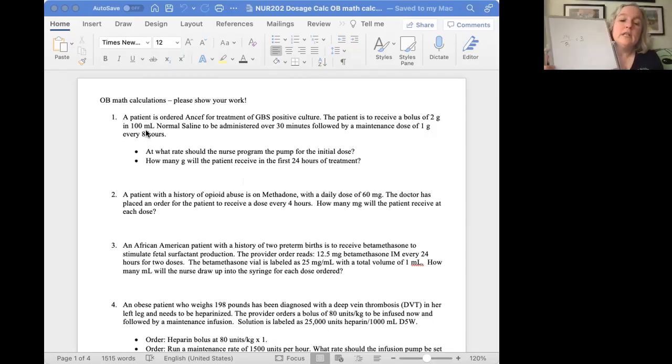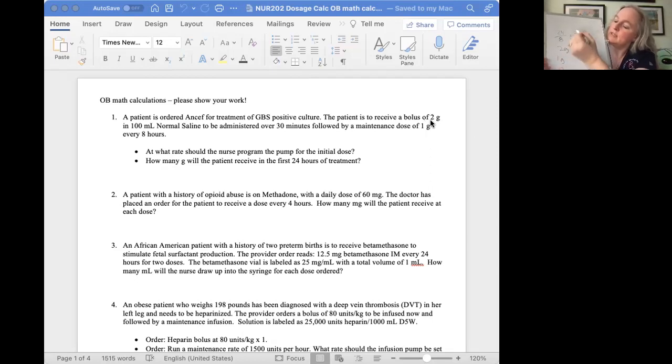We know that the very first dose the patient is getting is a bolus of 2 grams. Each subsequent dose is going to be 1 gram every 8 hours. So after this first 2 gram bolus, 8 hours later they're going to get 1 gram, and then 8 hours after that, they're going to get 1 gram.